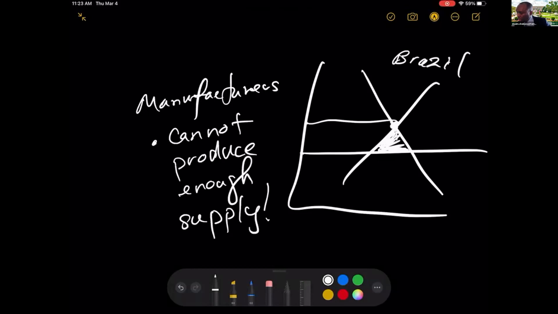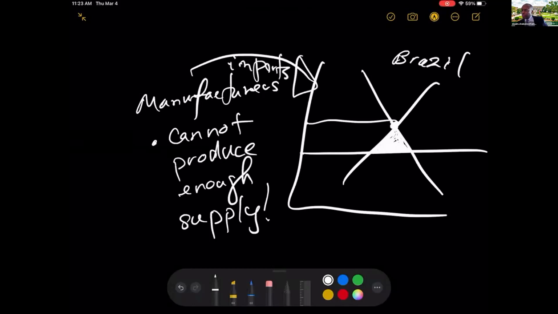So if there's a shortage in the market, then Brazil has to figure out where to get the balance from so that they can meet demand. And so then that is when you start entertaining imports.